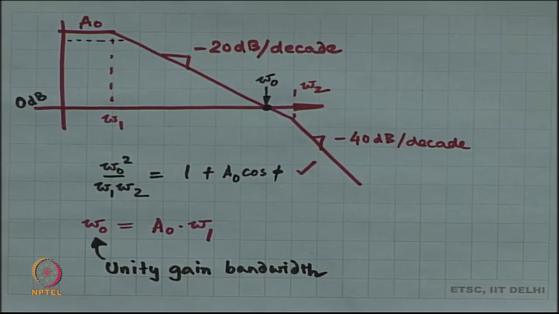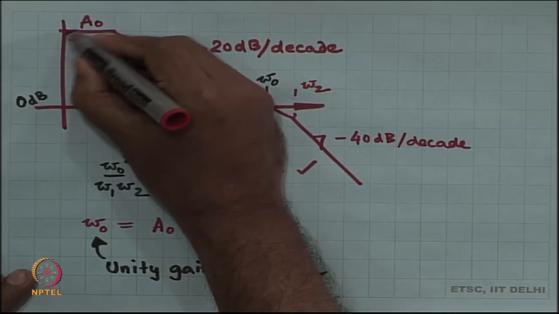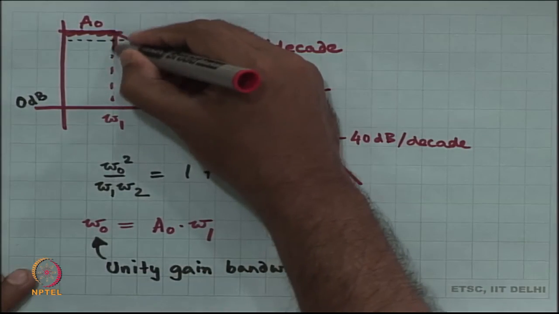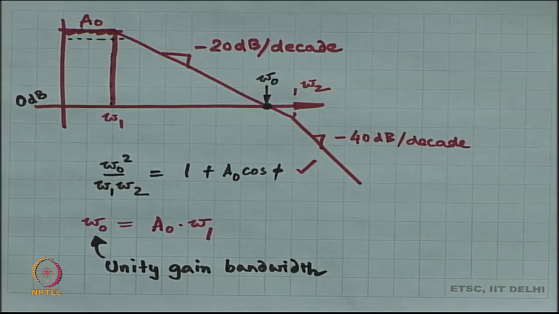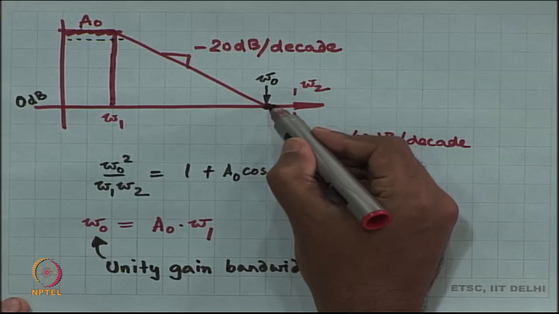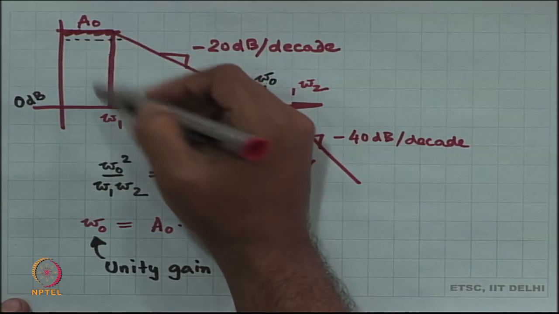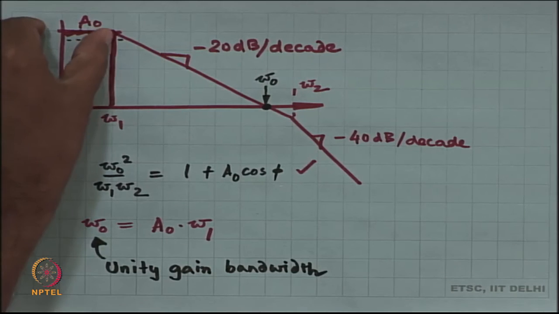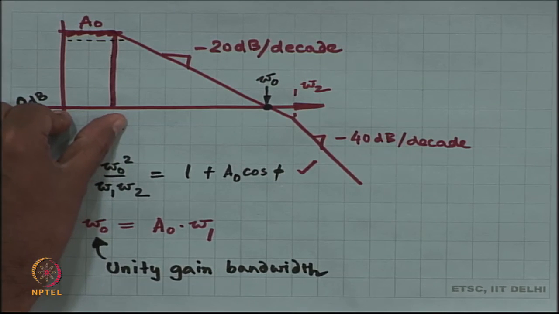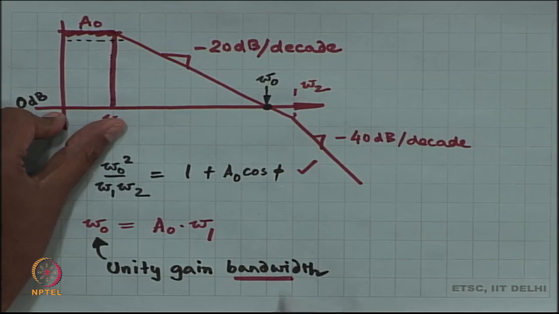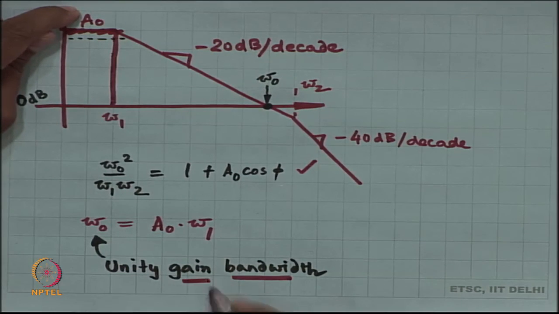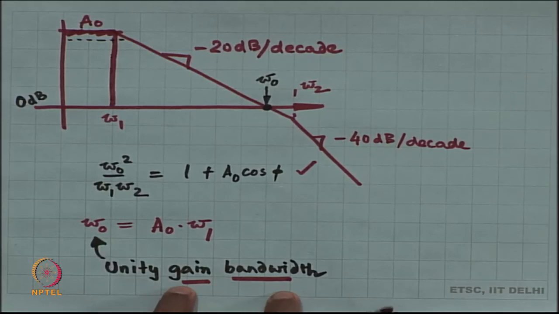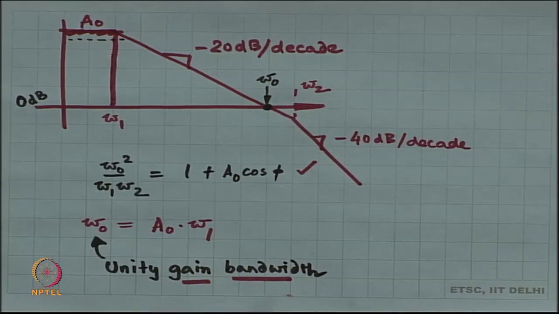Okay. It also happens to be the product of A naught and omega 1. This value omega naught happens to be the multiplication of A naught times omega 1. So, if you say that the 3 dB bandwidth is omega 1, that is just bandwidth, and the gain is A naught, then the gain bandwidth product is omega naught.